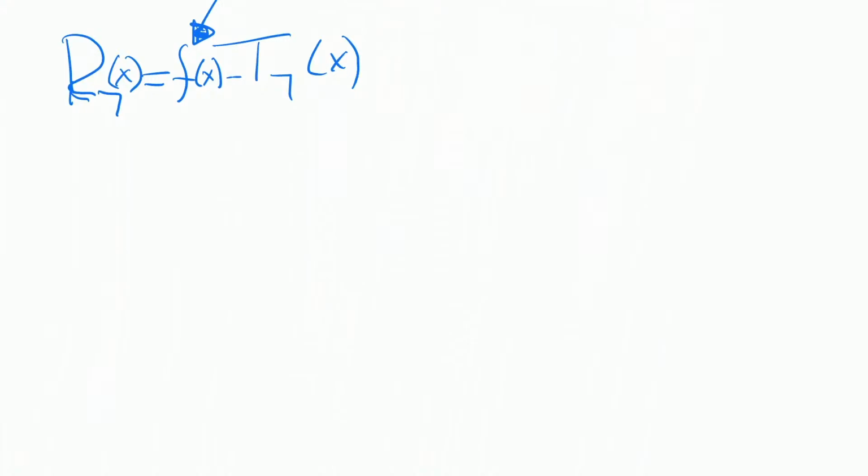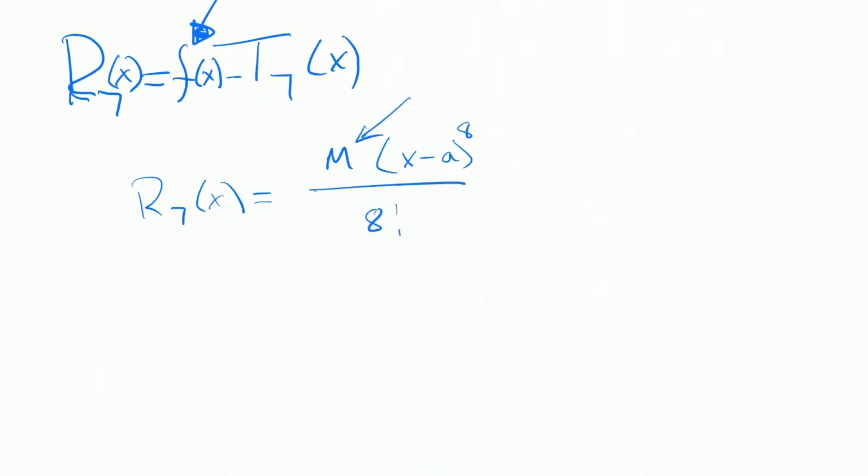So we're going to do R sub 7, which ends up being the 8th derivative, M times (x minus a) to the 8th over 8 factorial, and that M is the maximum of f8 on your interval.